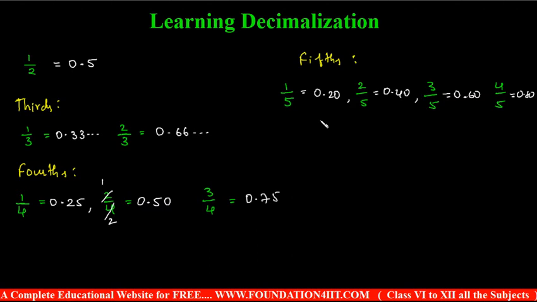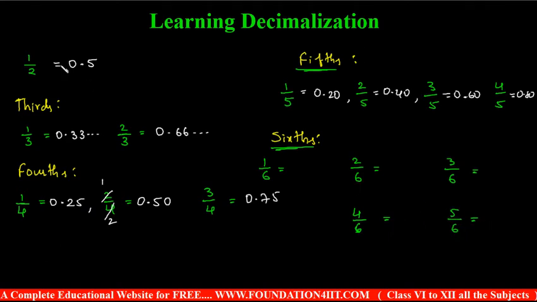For sixths we need to memorize only two new answers. Just notice the sixths: 1 by 6, 2 by 6, 3 by 6, 4 by 6, 5 by 6.